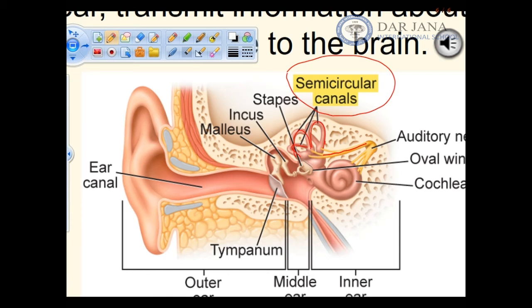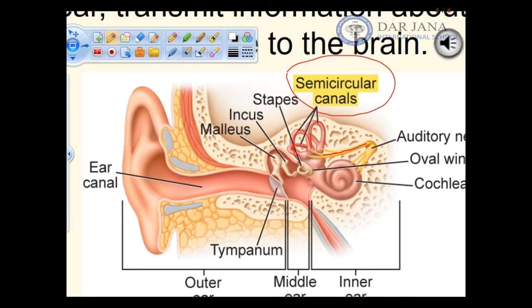Another example about the balance, if you're playing with a kid, holding him by his hands and rotating him around you. Once you put them on the ground, they will keep feeling dizziness for a while, then they will restore the balance. Why?